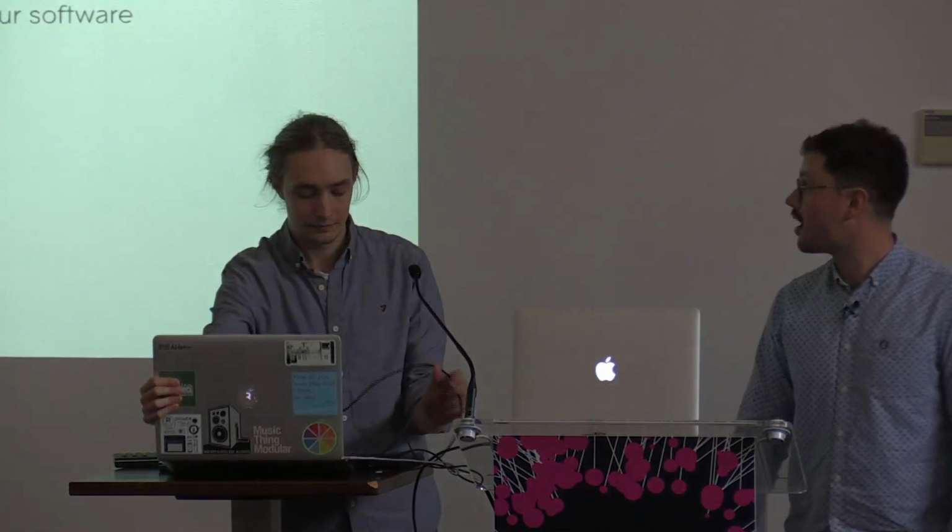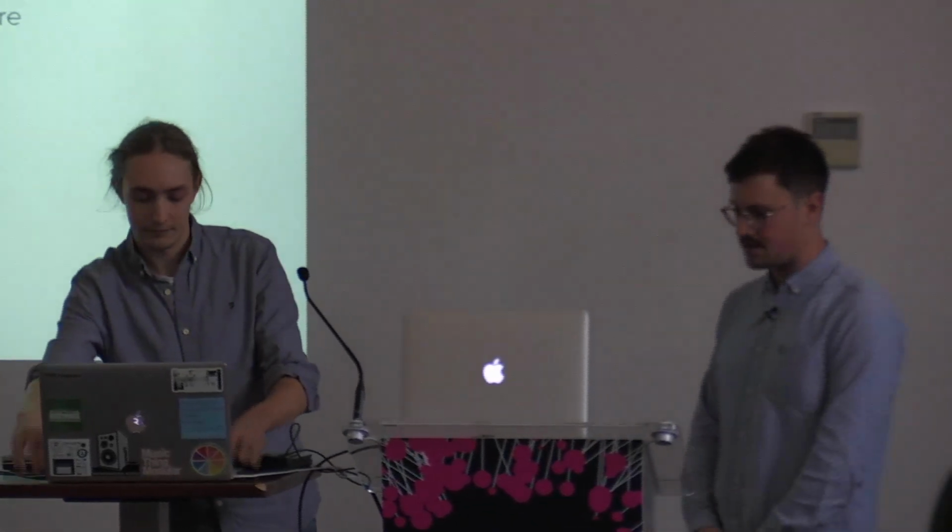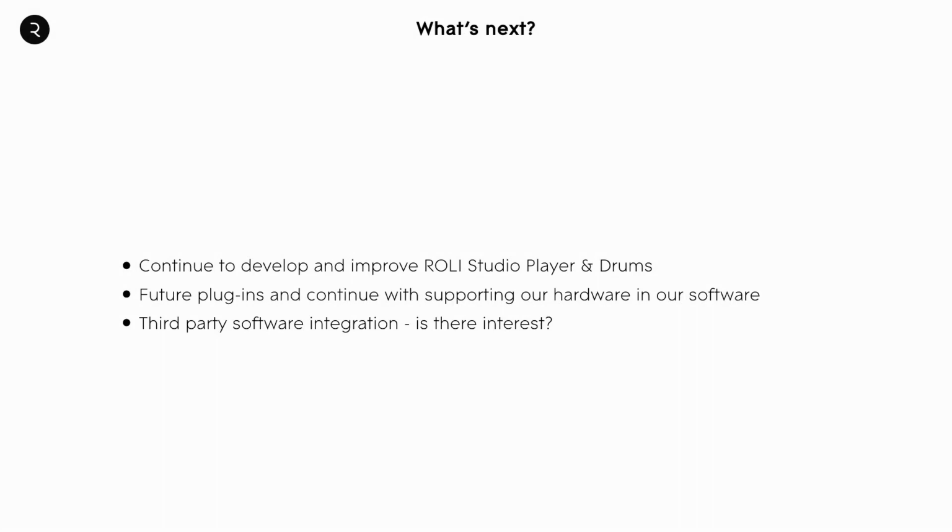There. So, I think, just in summary, that is what we've been working on over the last year or so, but it's not over yet. We've still got some plans on developing the ROLI Studio ecosystem a bit further.